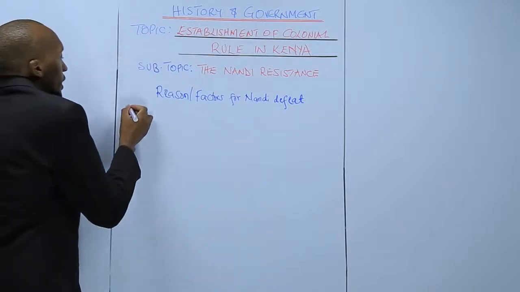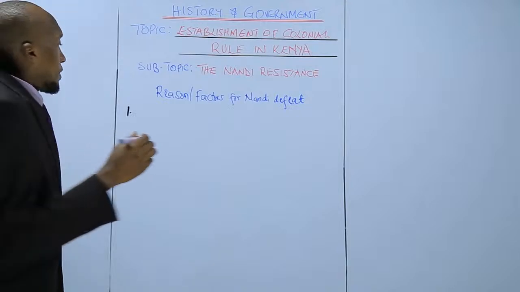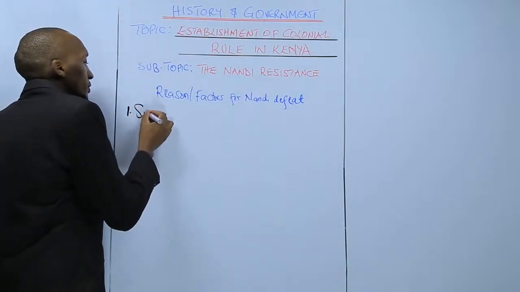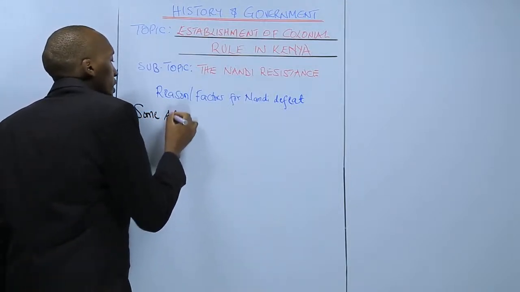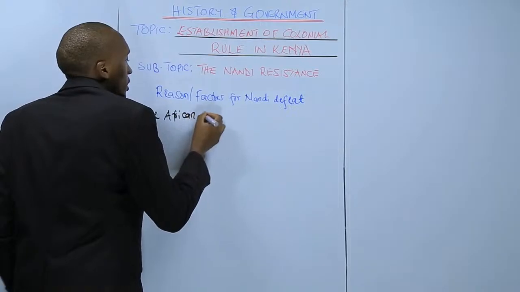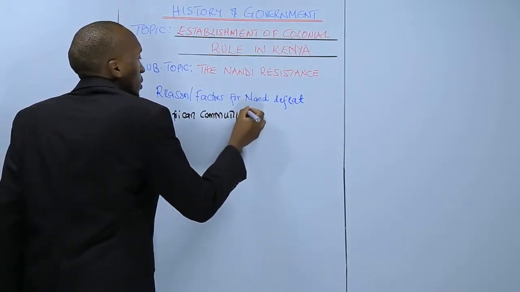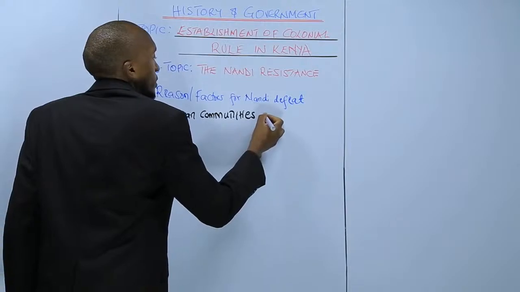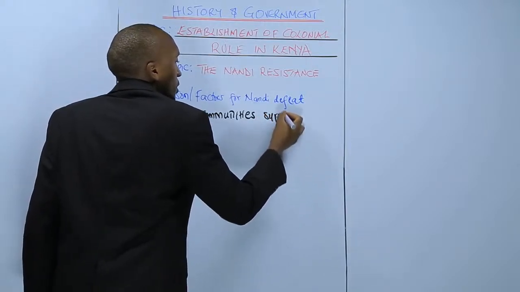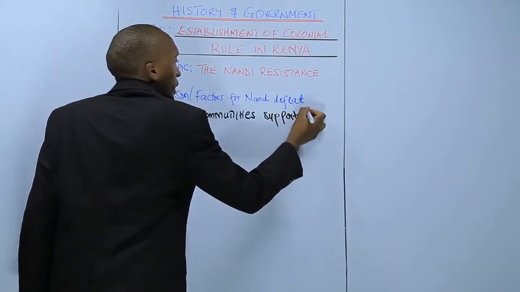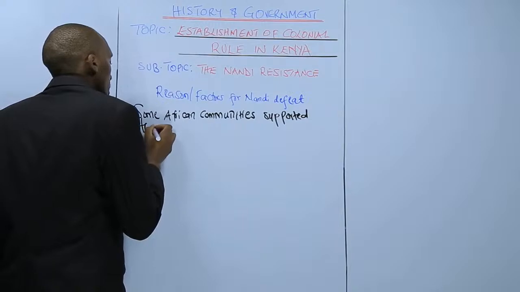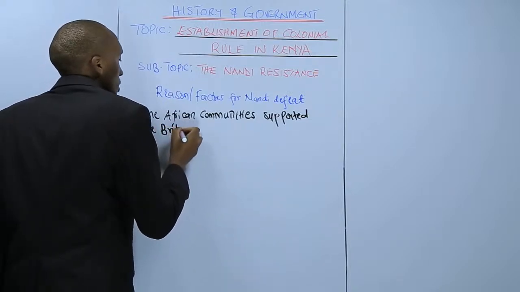The first one is that some African communities supported the British.